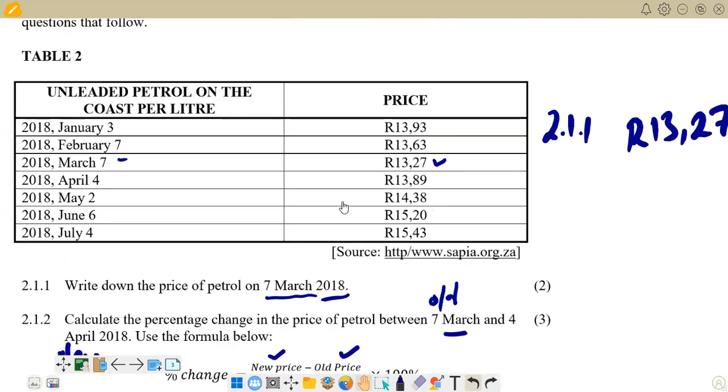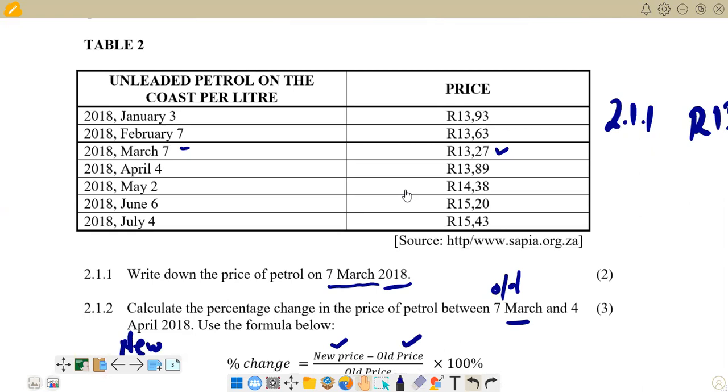7 March and 4 April, those are the figures that we have. On 7 March, that's our old price, and the 4 April one becomes our new.